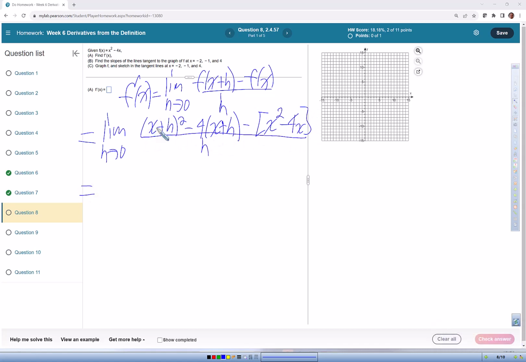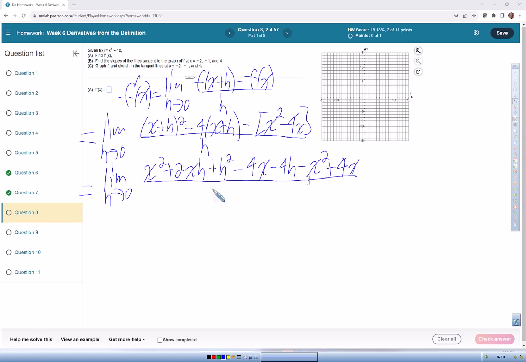So I'm going to go through, distribute out the binomial squared, distribute that, and distribute the negative sign. The limit as h approaches 0, x squared plus 2xh plus h squared minus 4x minus 4h minus x squared plus 4x all over h.